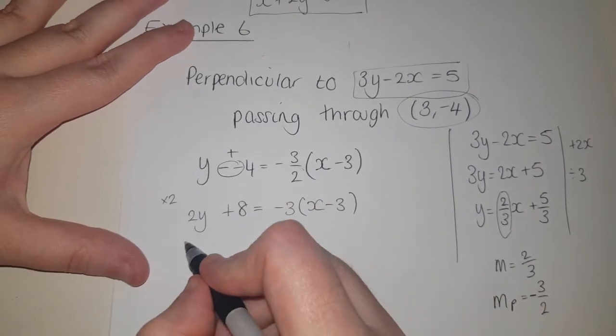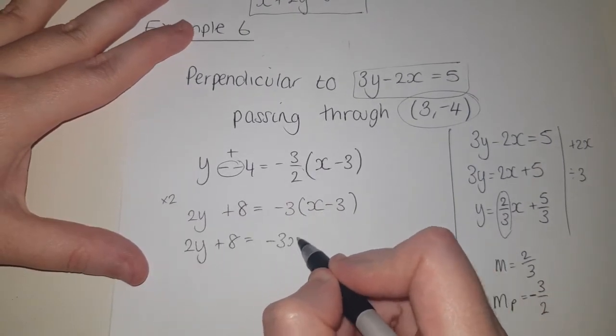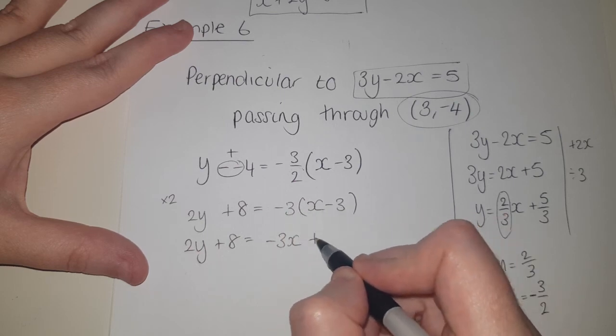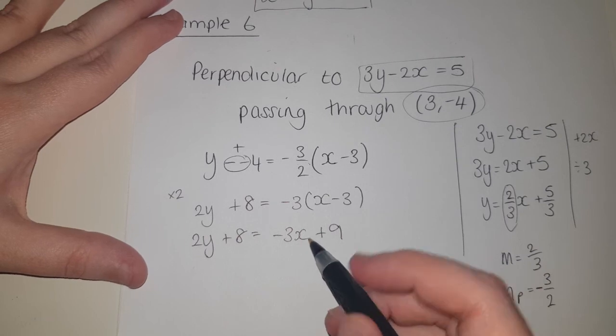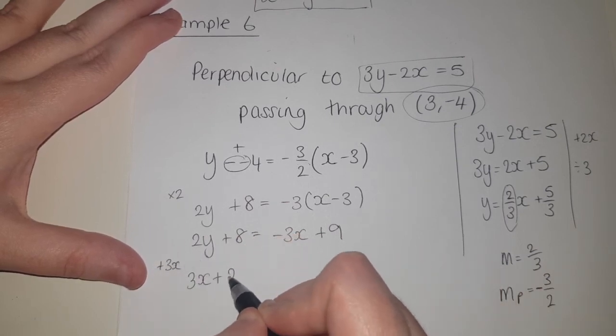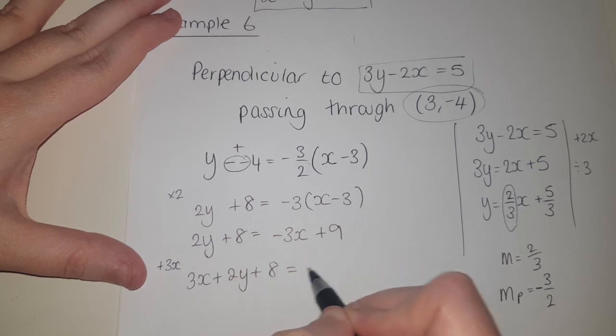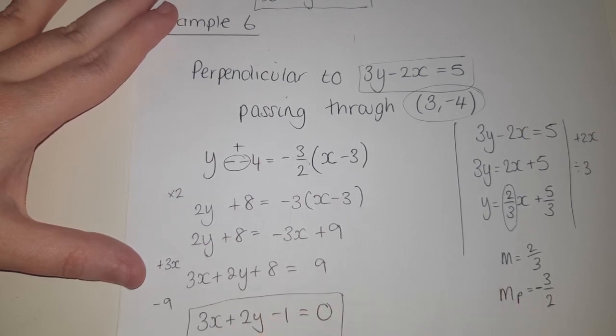Then we're going to expand the brackets. Minus 3 times x is minus 3x, minus 3 times minus 3 is positive 9. And again, everything onto the left-hand side to make that x term positive. So if we add 3x, I get 3x plus 2y plus 8 equals 9. And then we're going to subtract 9: 3x plus 2y minus 1 equals 0. And I've got my perpendicular line.